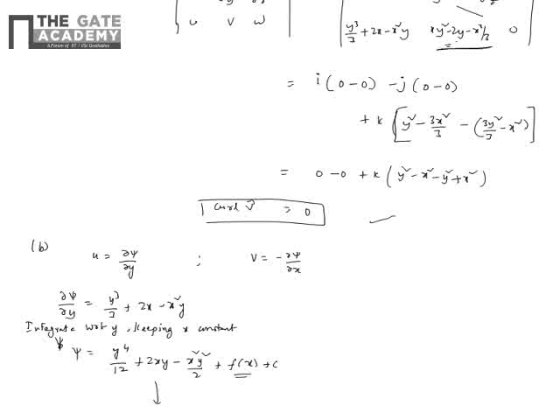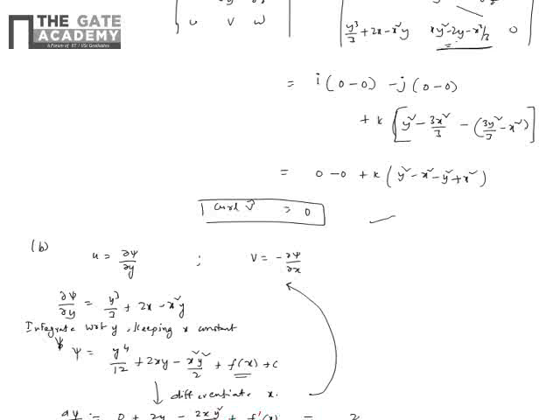So now if I differentiate this with respect to x and attach the minus sign, I can compare with velocity component v. So if I differentiate with respect to x, dou psi by dou x, the first term would be 0, this will be 2y, this will be 2xy square by 2, and f dash x.